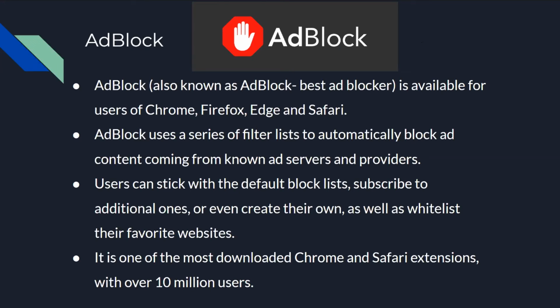Users can stick with the default block list, subscribe to additional ones, or even create their own, as well as whitelist their favorite websites. It is one of the most downloaded Chrome and Safari extensions with over 10 million users. So I think that's what we were just talking about, which one was the most popular and the best one to use. I like free.